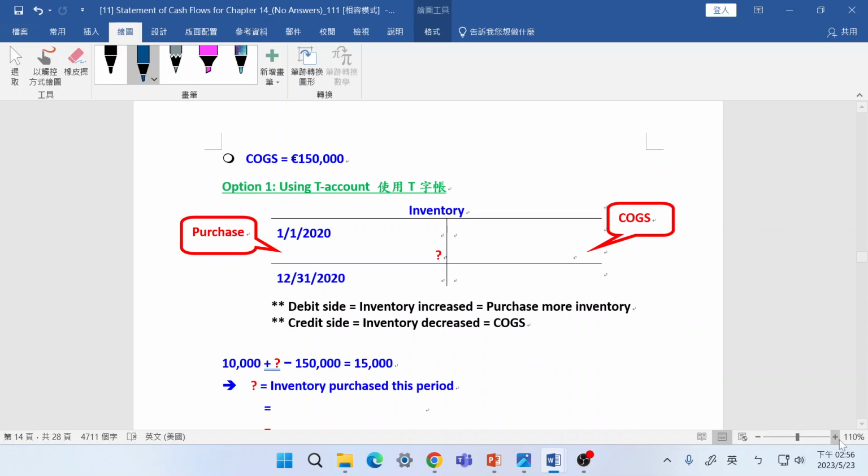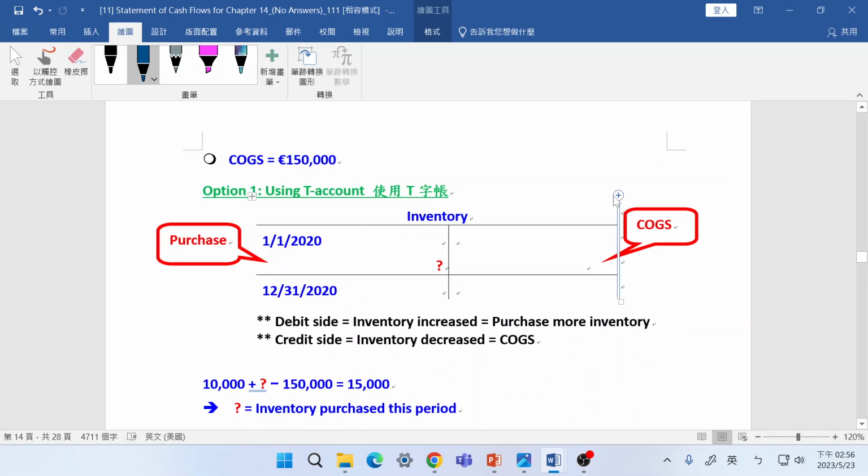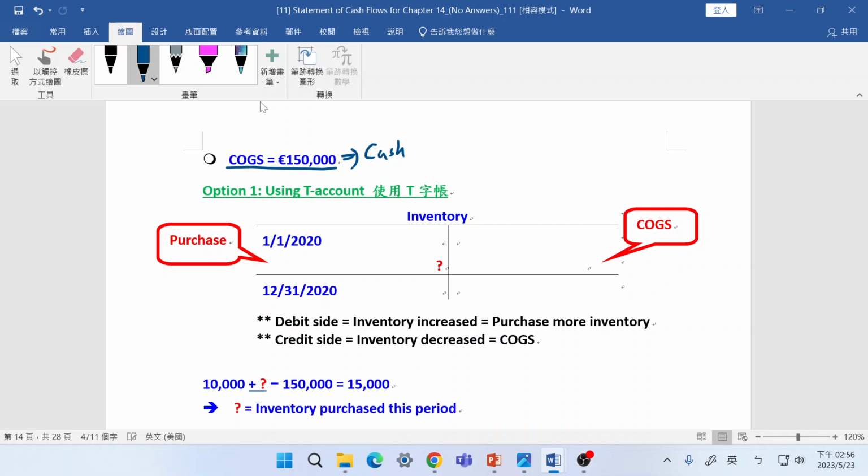So this is our second item. Cost of goods sold, $150,000. We try to use this number to get what? Our cash outflows, right? Because you are going to pay the cash to suppliers.